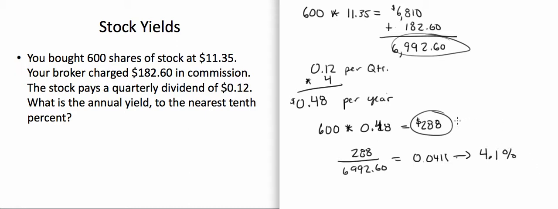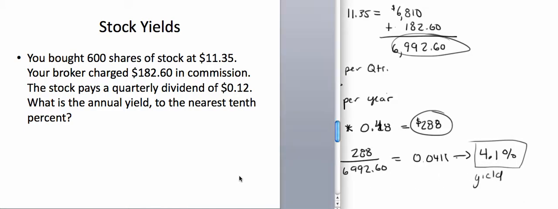All right, so this is a lengthy example. We found the total cost first, and then we found the amount per year of the dividend, figured out how much money we actually got back on a dividend, and then found our stock yield as 4.1%.